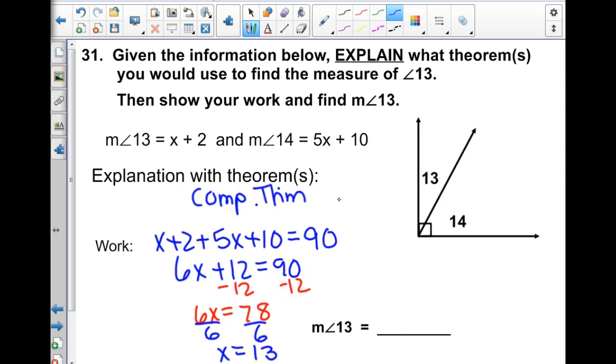And then we're going to use substitution. That's not a theorem, guys, so we only need the complements theorem to set it up. It's a property. We put in 13 and we get 13 plus 2, which is 15 for angle 13. Well, it's definitely not to scale.